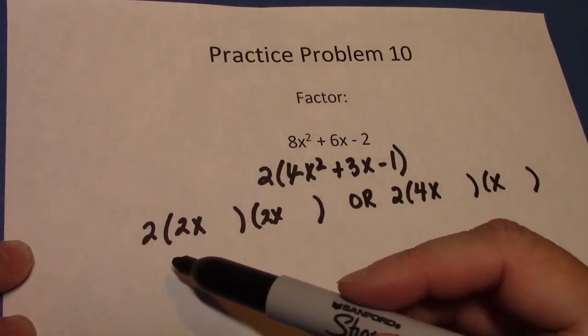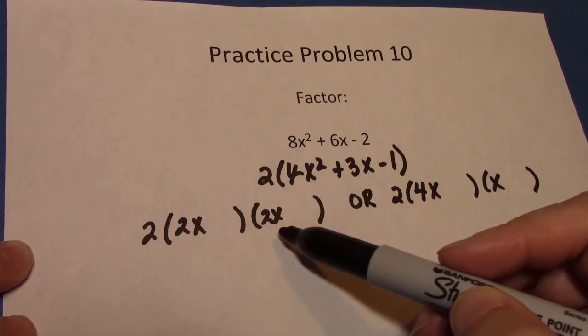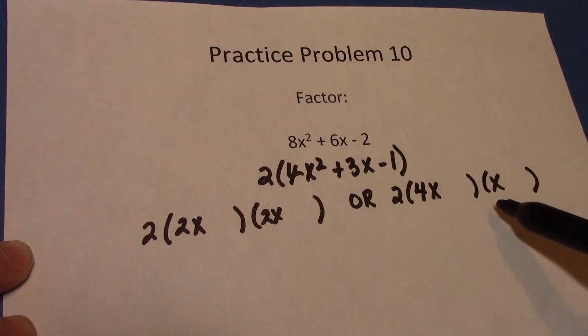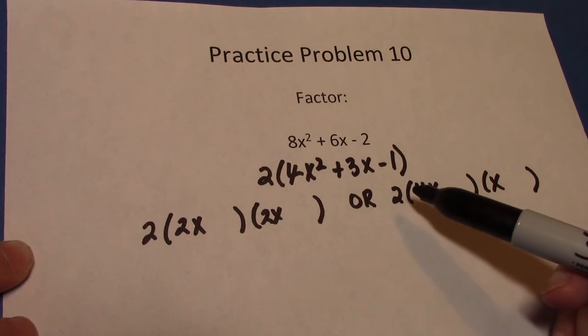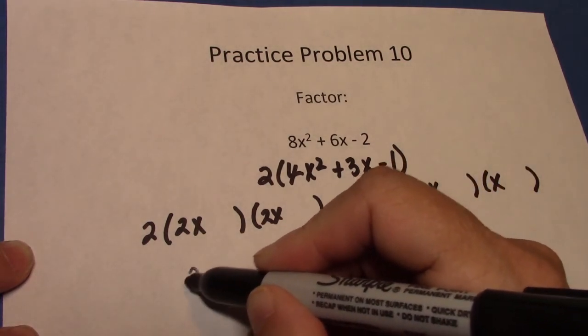In other words, in order to get the 4x squared, we might have 2x times 2x, or we might have 4x times x. So there's a few options to look at there. But we only have negative 1 here as our last result, so there's not too much to factor there. Let's make a few charts, though.